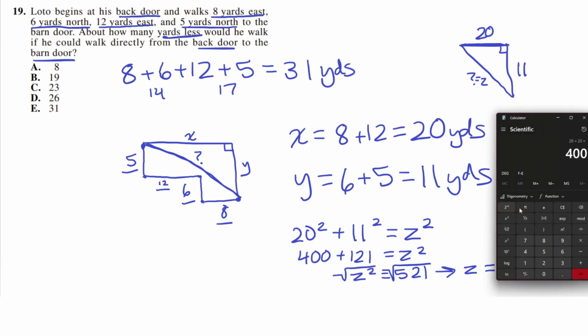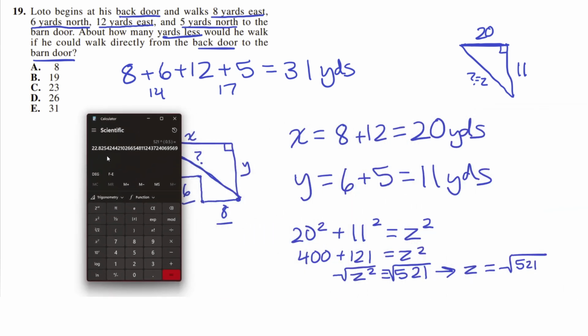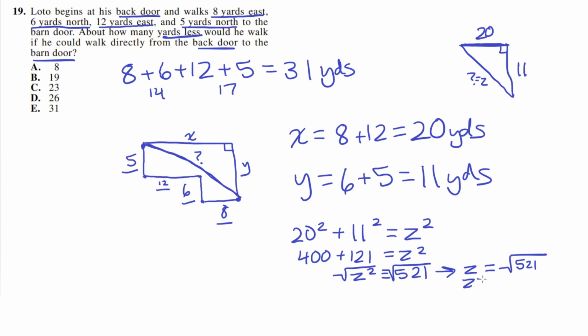And if we put that into our calculator, 521 raised to the 0.5 power, that's about 22.8. So z equals about 22.8, which we can round to 23 yards. So this distance here is 23 yards.